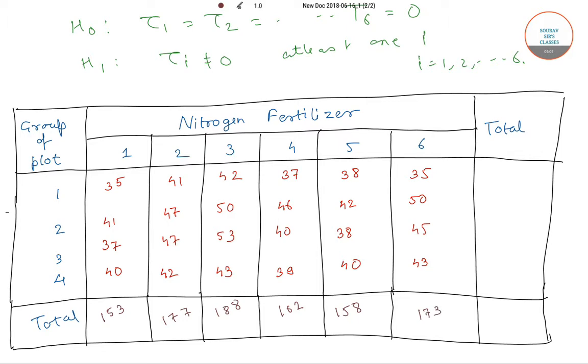The overall total, which we denote with G, is equal to 1011. Similarly, the totals of observations corresponding to the plots are 228, 276, 260 and 247. So we get the totals.